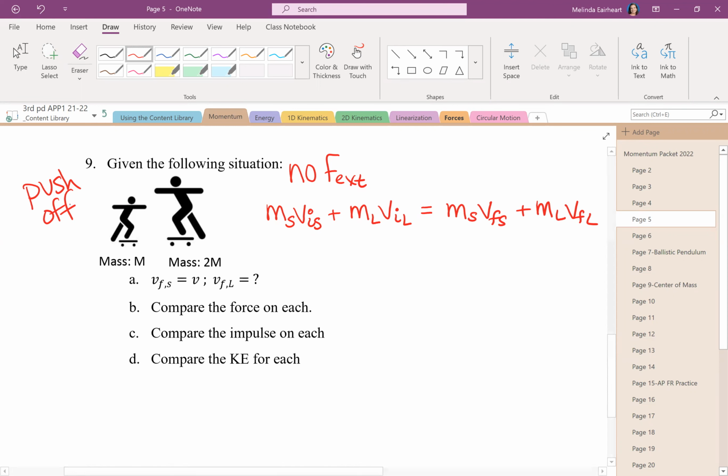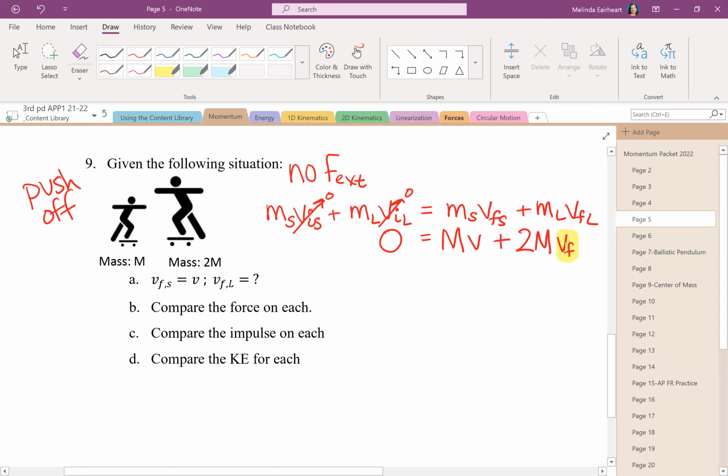What's their initial velocity before the push? What's the only number everybody can make up? 0. So it's going to be 0 on the left completely. And so what does that mean? Well, small mass is m, small velocity final is v, plus 2m, and then vf is our question mark.